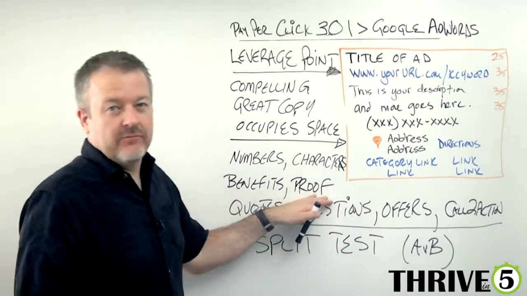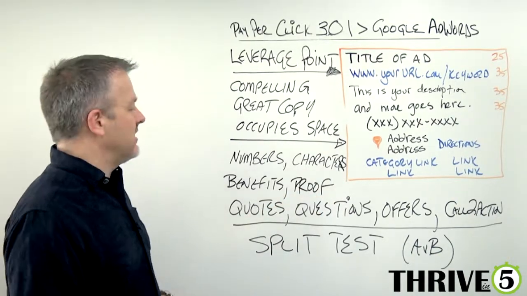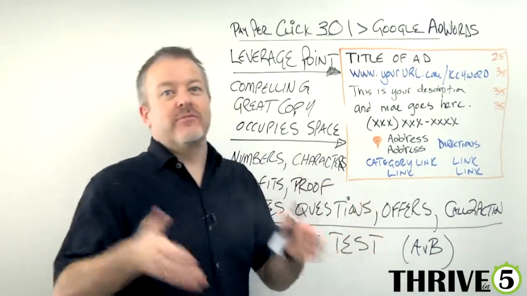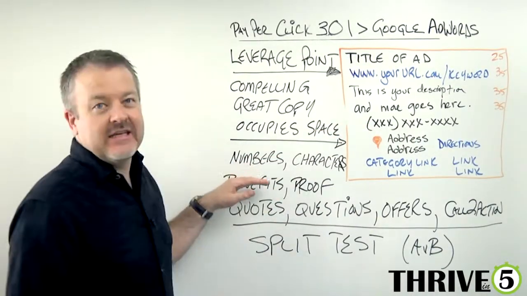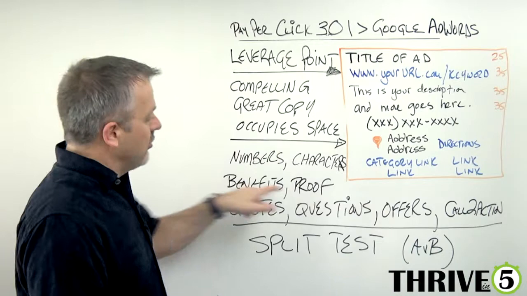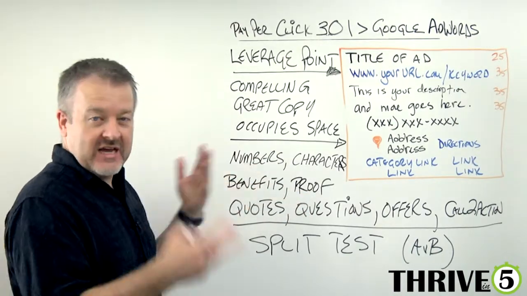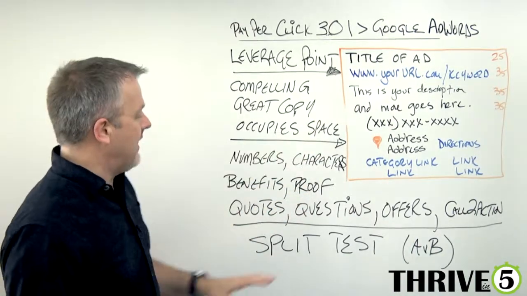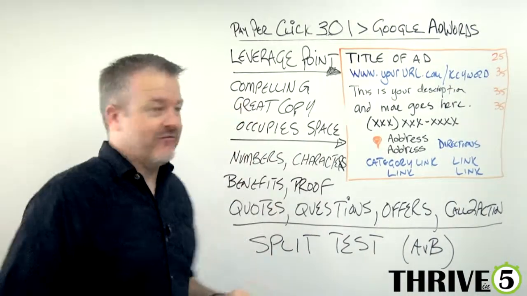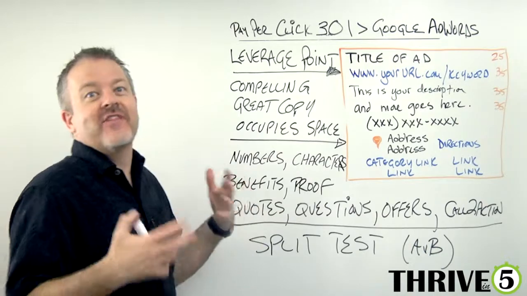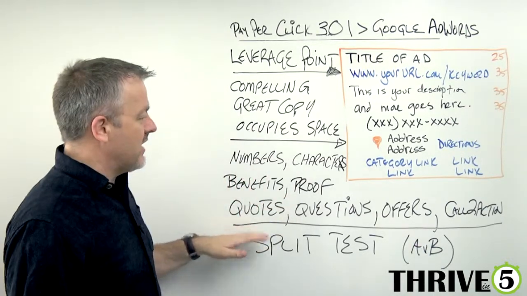Proof statements help too, and proof statements can be as simple as 100 people served, 1,000 people served, since 1902. Those proof statements related to numbers start improving your ad. Quotes can actually help you if they're a quote that somebody's making.